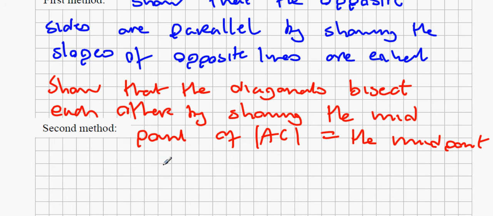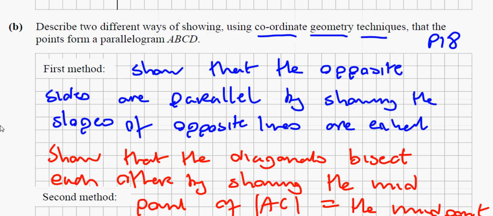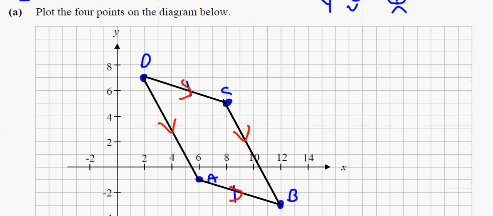Now, I'm going to explain what this means. You get your two diagonals. So you have DB, and then you have AC. What it means is that the diagonals bisect each other.